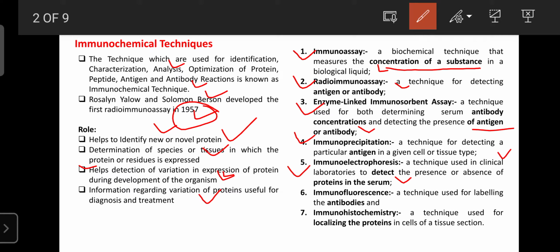Then they can estimate it by initiating an antibody antigen reaction once again. That antibody antigen complex can be monitored with the help of certain techniques, and such a technique is known as immunoelectrophoresis.